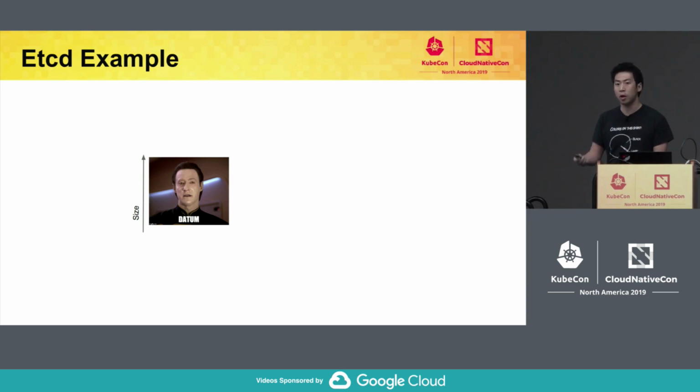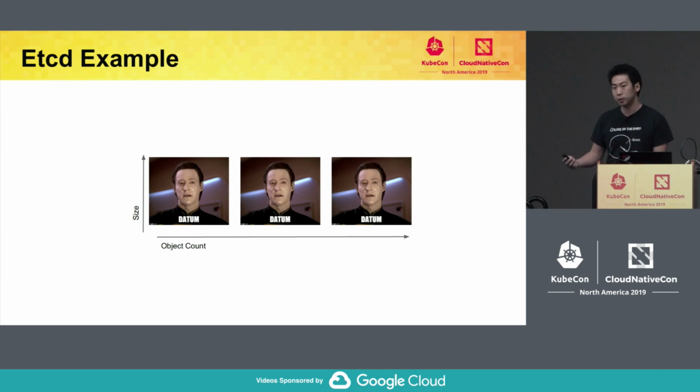It doesn't store just one object. It's a key value store. It stores an object for each key. There are many objects. So we can see that we have this other dimension. But if we were to take the average size of objects and multiply it by the object count, would that give us an approximate size of the data used by etcd? And the answer to that question is no.